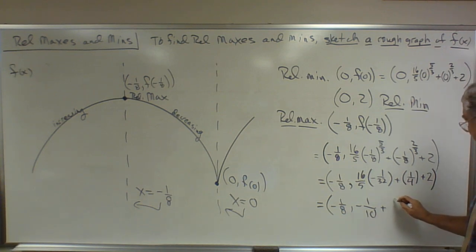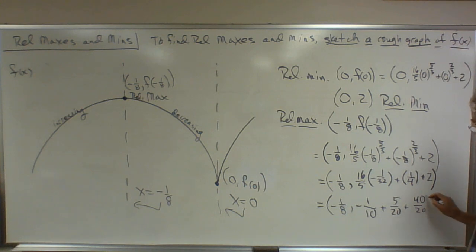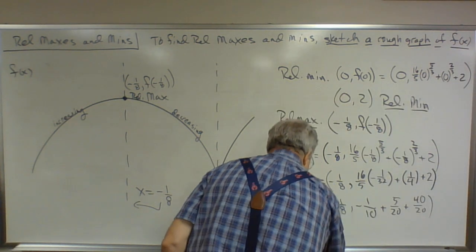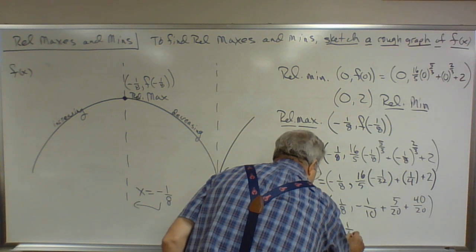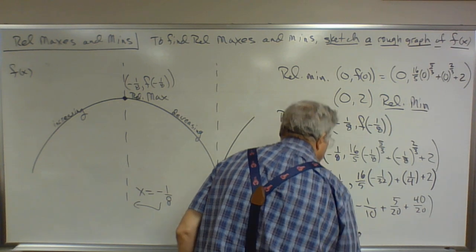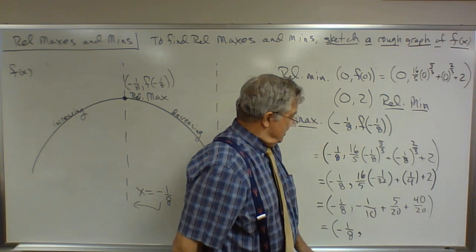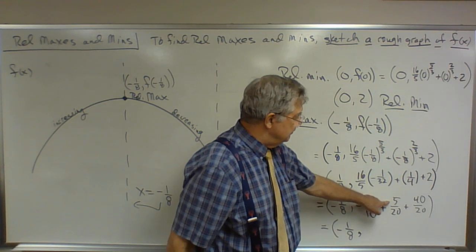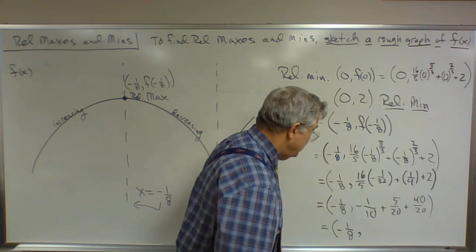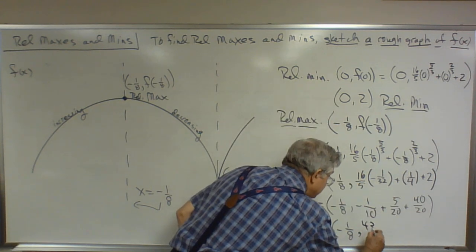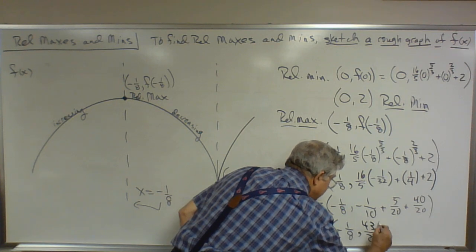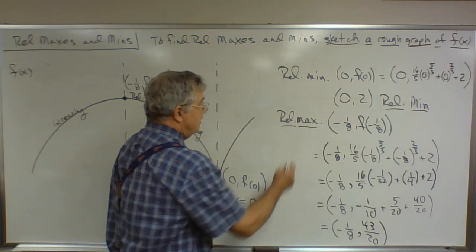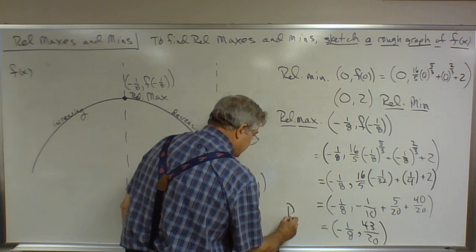Okay. Negative 2/20 plus 5/20 is 3/20 plus 40/20 is 43/20. Good gravy. This is our relative max.